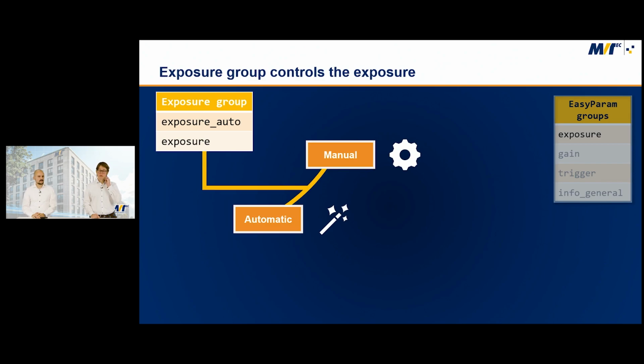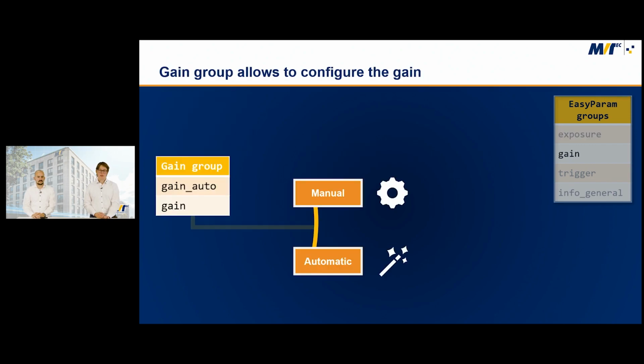The exposure only contains 2 parameters, the auto mode and the manual mode. You can specify if your exposure has to be set automatically, either once or continuously, or if you want to turn it off, you are able to adapt your exposure time manually. This is exactly the same concept for gain.